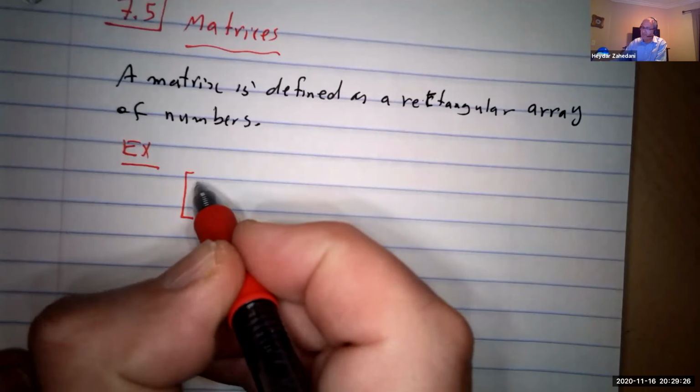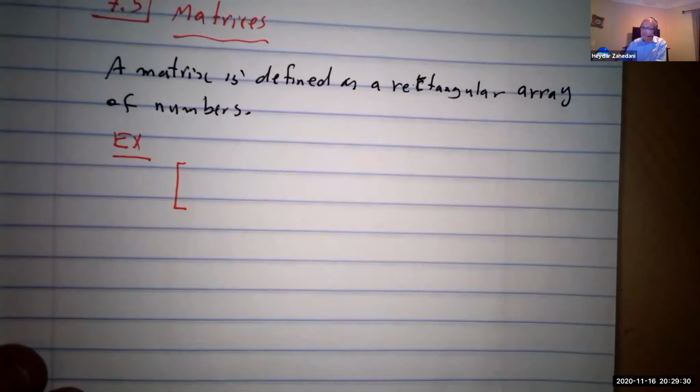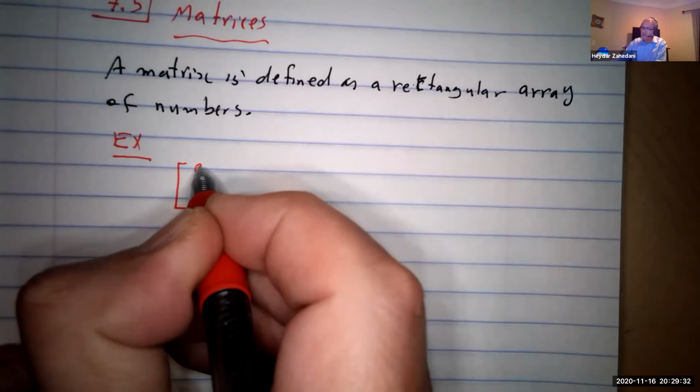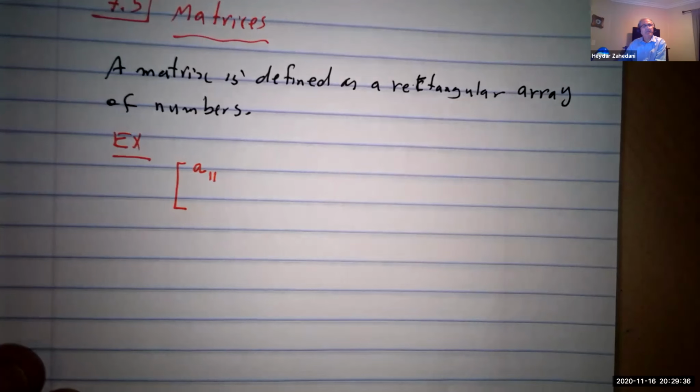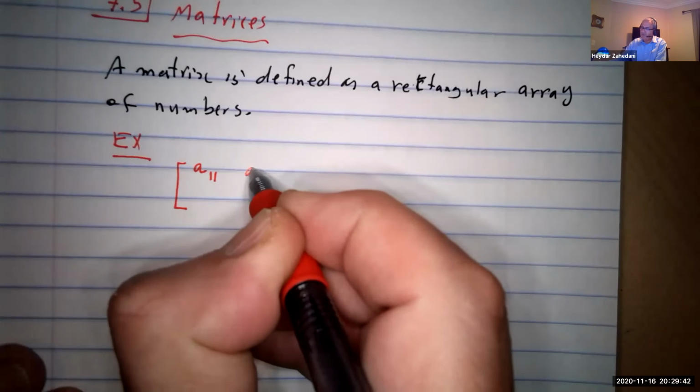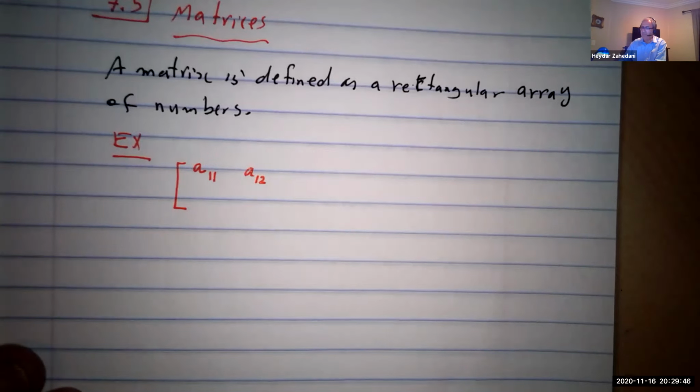We are going to have some rows and columns. The first member would be denoted by A11, which is just a notation. If you don't like it, you can ignore it. A11 means this is placed at the first row and the first column. A12 is in the first row, second column.